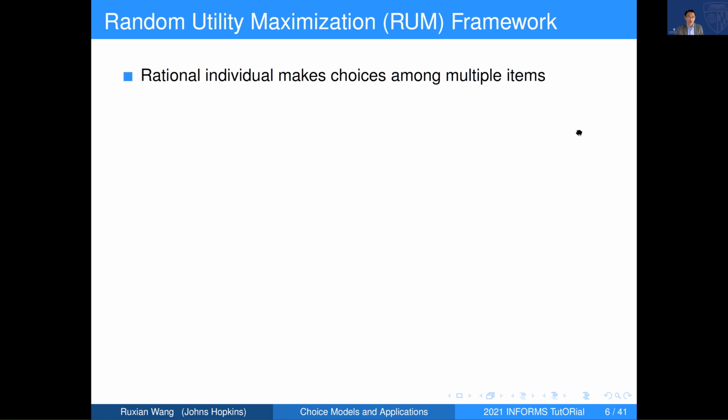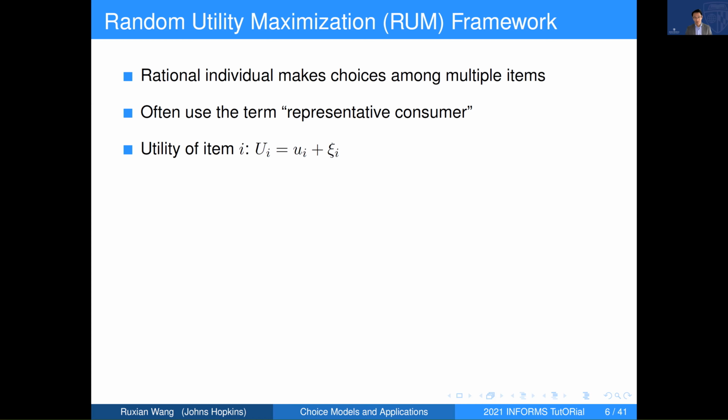In the random utility maximization framework, rational individuals make choices among multiple items. We often use the term representative consumer. The utility for any item i is equal to this formula.